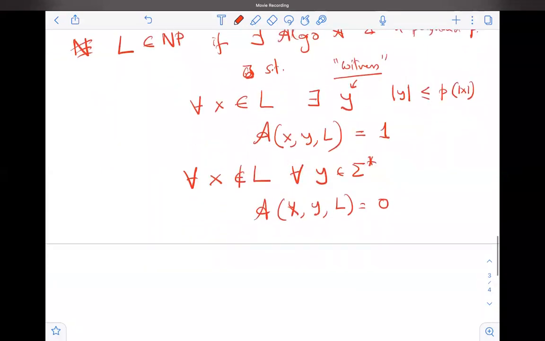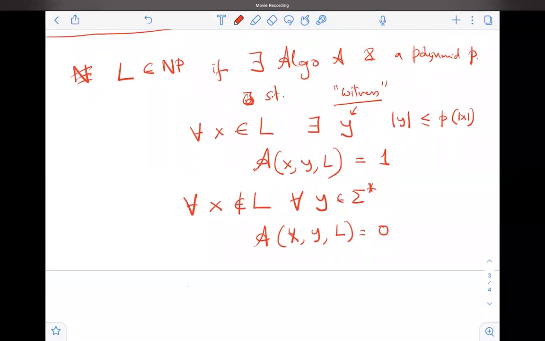And of course, as you guys told, A has runtime polynomial in x, I mean p of x. So that means A is a polynomial time algorithm.